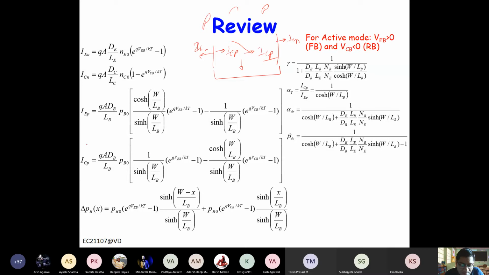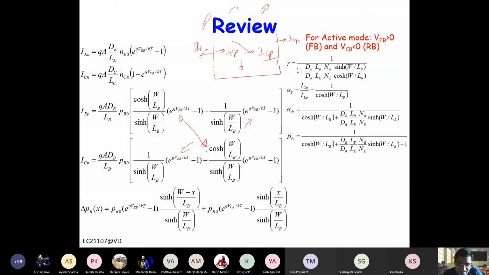And even in IEP and ICP, if you notice, there is some kind of symmetry. If you compare the coefficient of exponential VEB here and exponential VCB here, these coefficients are the same, coth of W by LB. And similarly, if you compare the other coefficients, of exponential VEB with exponential VCB, they are also the same, 1 over sinh.